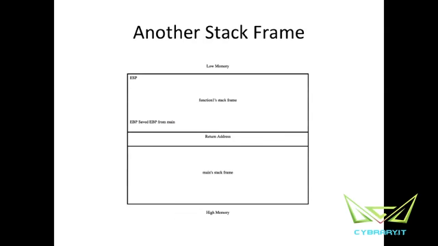So here's another little example of what it looks like in memory. We have main stack frame again. We have that return address, so that is the memory address to return to in main. So it's the next instruction we want to execute when our function finishes. In this case, I've called our function function1. And we have ESP.